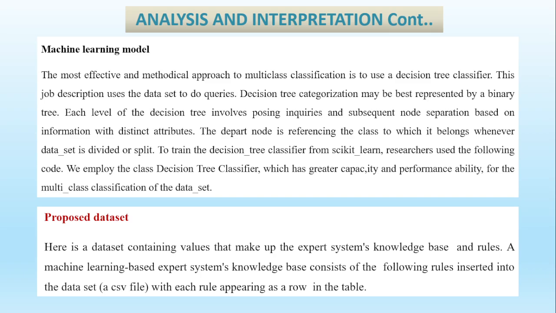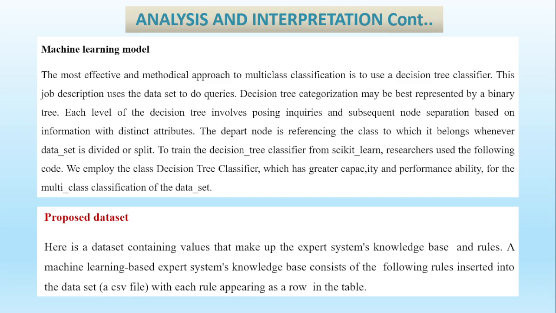Now, the proposed datasheet. The proposed datasheet contains values that make up the expert system, knowledge base and rules. A machine learning based expert system's knowledge base consists of the following rules inserted into the dataset. The CSV file will be given to the machine learning model on Google Colab. I also said that Google Colab directly uses and sends the data to the machine learning model, with each rule appearing as a row in a table.